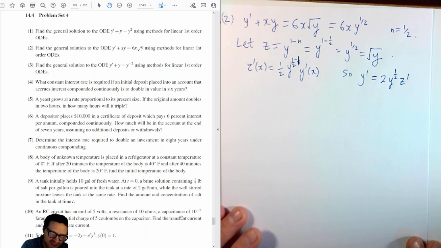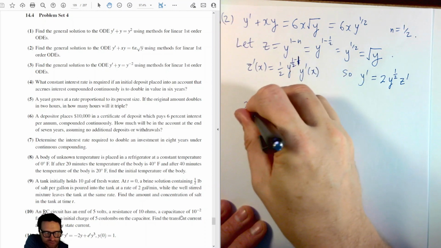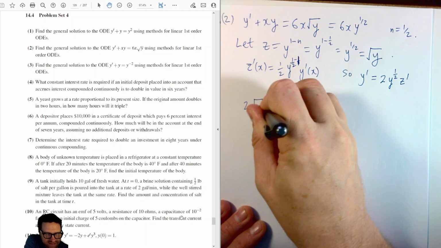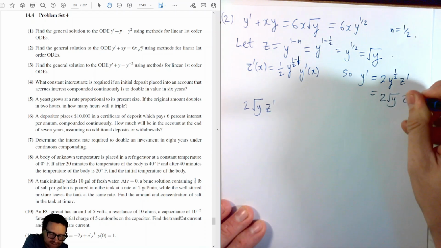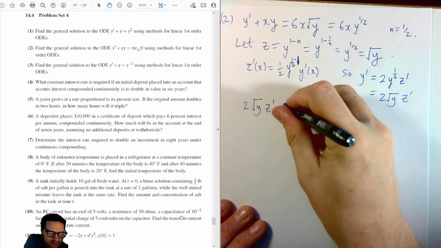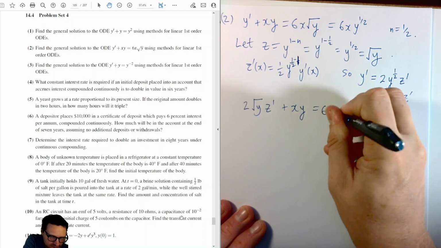Okay, so now that we have that, let's substitute this in here. So this is 2 square root of y z dash, right? Because this is 2 root y z dash. And then we have plus x times y is equal to 6x root y.